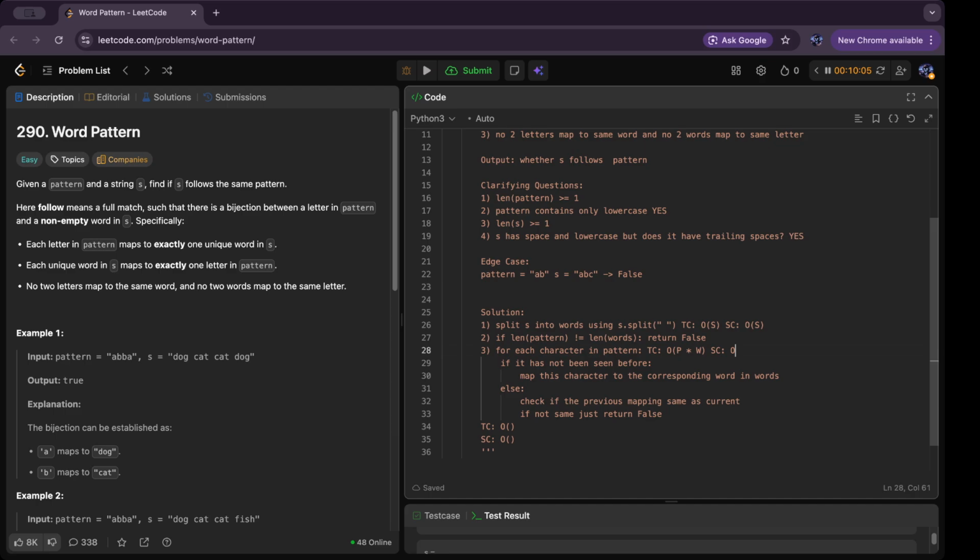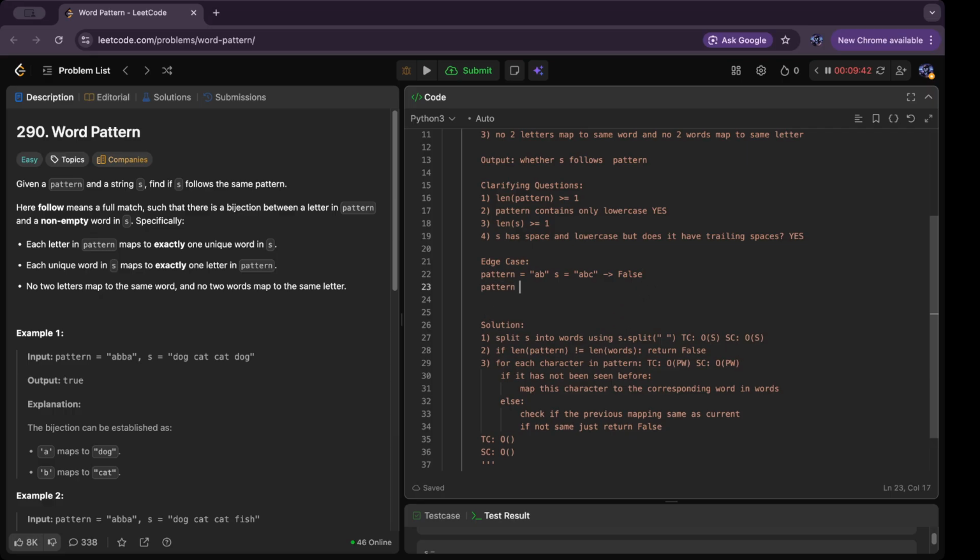And then space would be P times W also, because in the worst case, all characters in the pattern are unique, and all of the words in s are also unique.